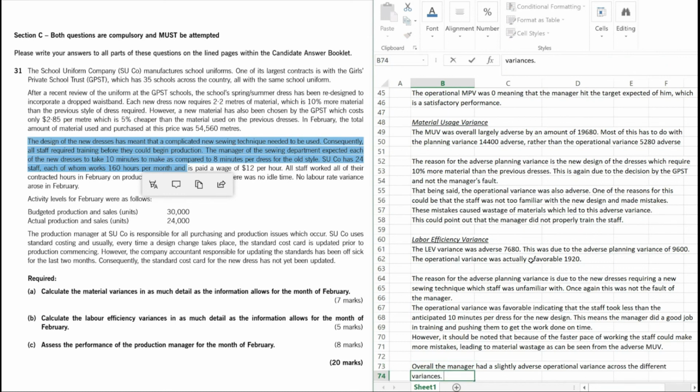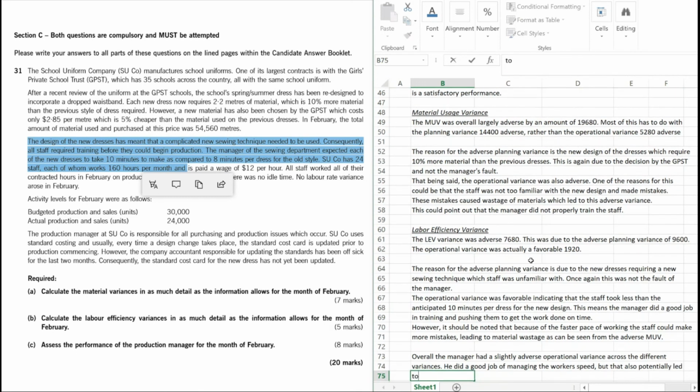He did a good job of managing the workers' speed, but that also potentially led to them making mistakes and wasting excess materials.